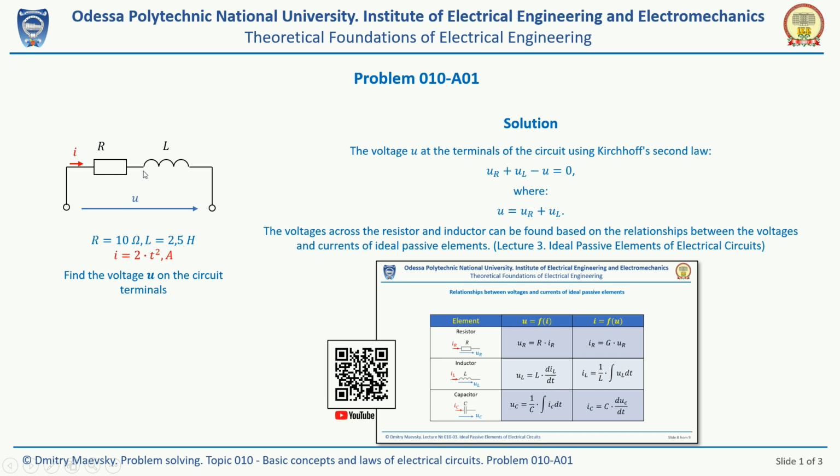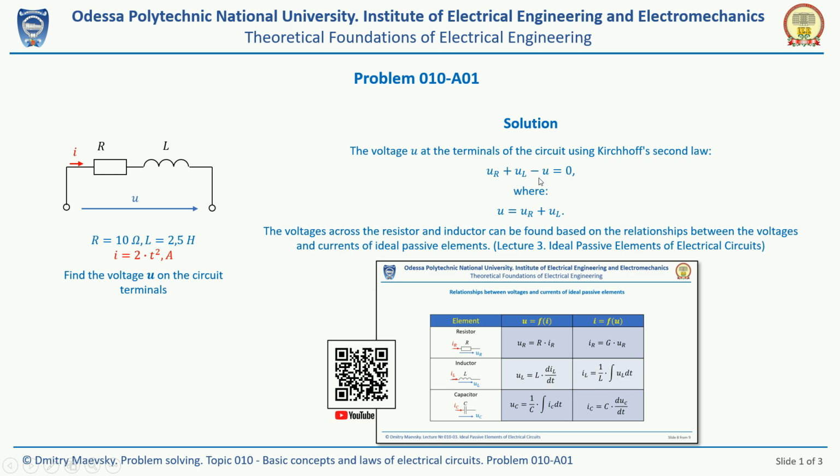The inductor is also a passive element. The voltage across the inductor is also the same direction as the current and we take it as positive too. But the voltage across the terminals of this circuit, which we need to find, is in the opposite direction of the mesh.